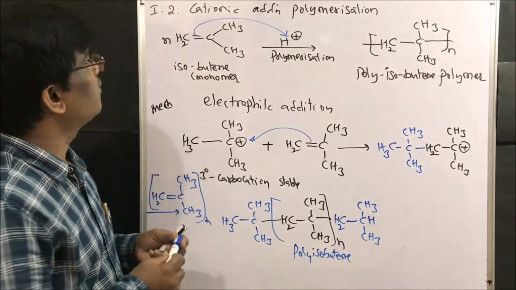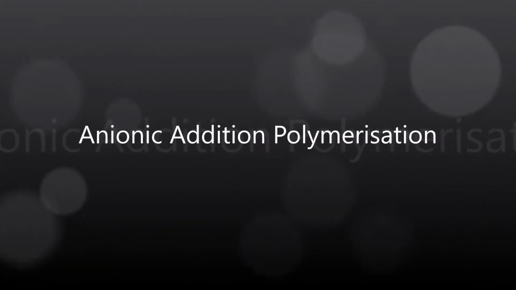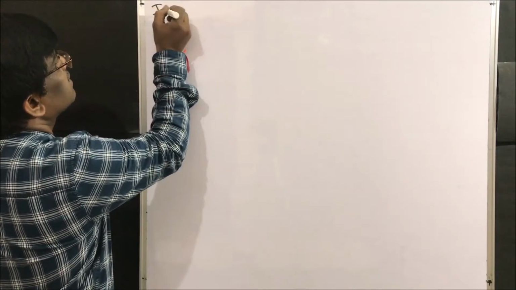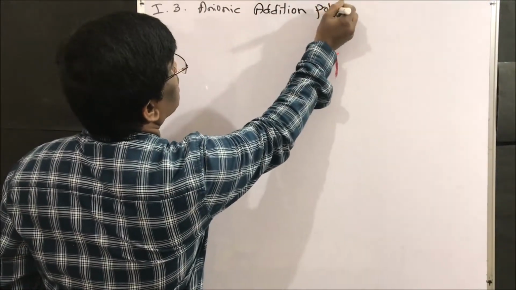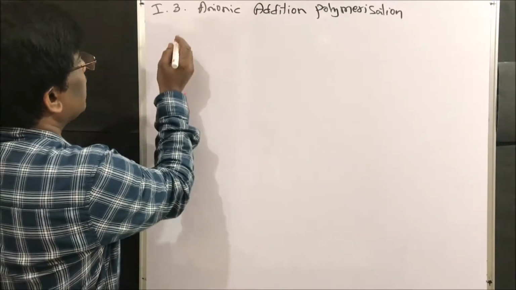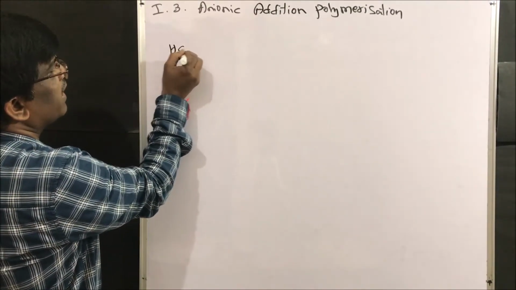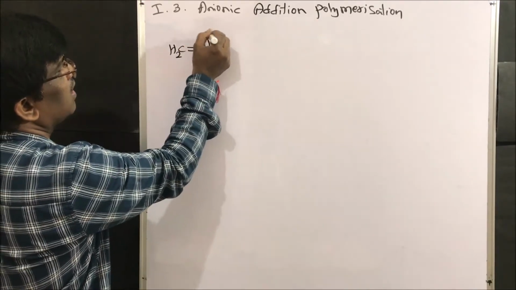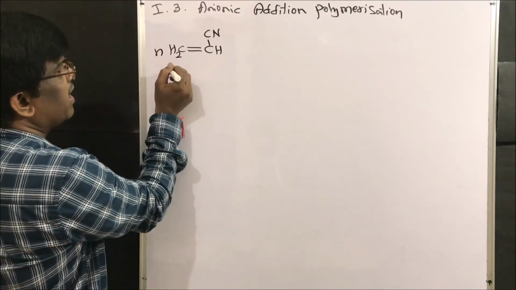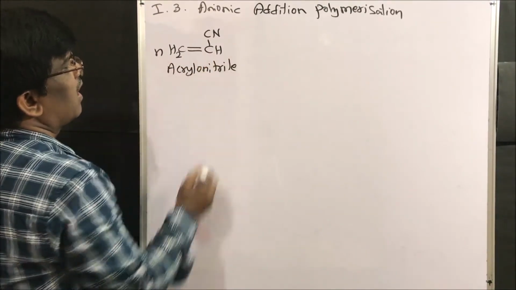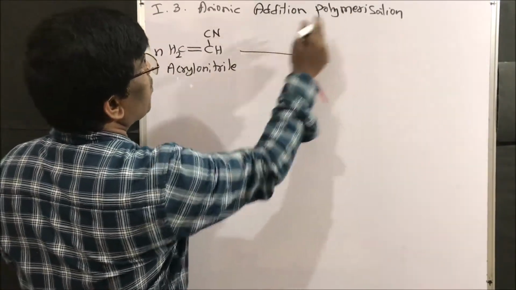Next, what is that? Anionic addition polymerization. The next one is anionic addition polymerization. Right, friends? So let us take one example. Acrylonitrile, how to write acrylonitrile? CH2=CH-CN. N moles of acrylonitrile upon anionic addition polymerization.